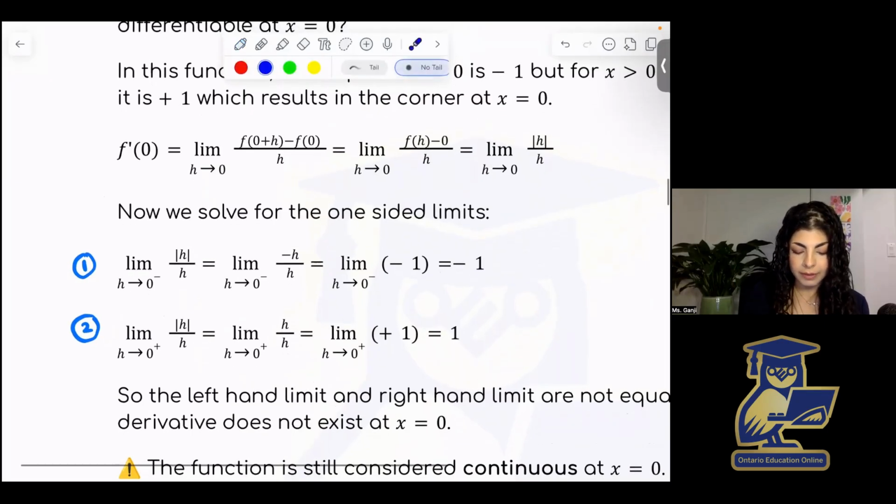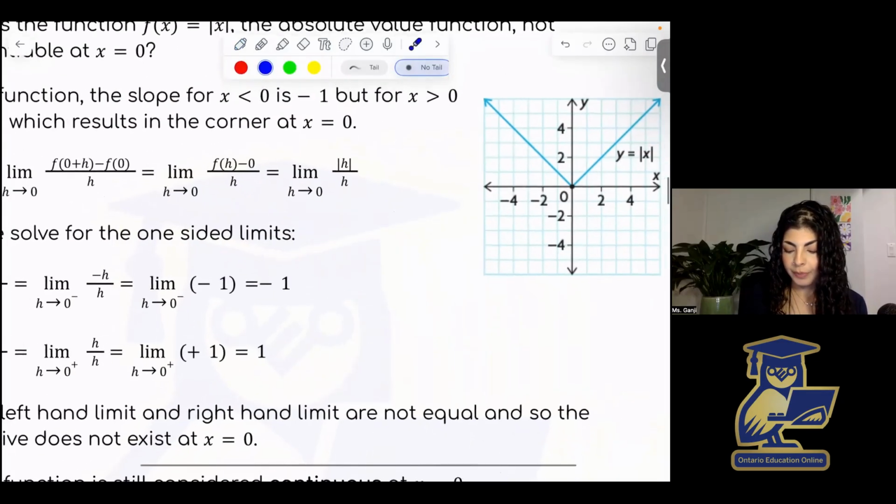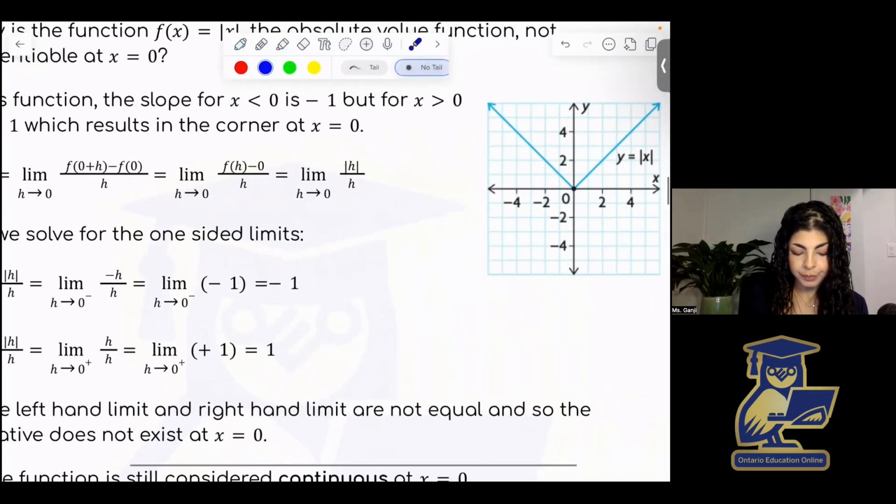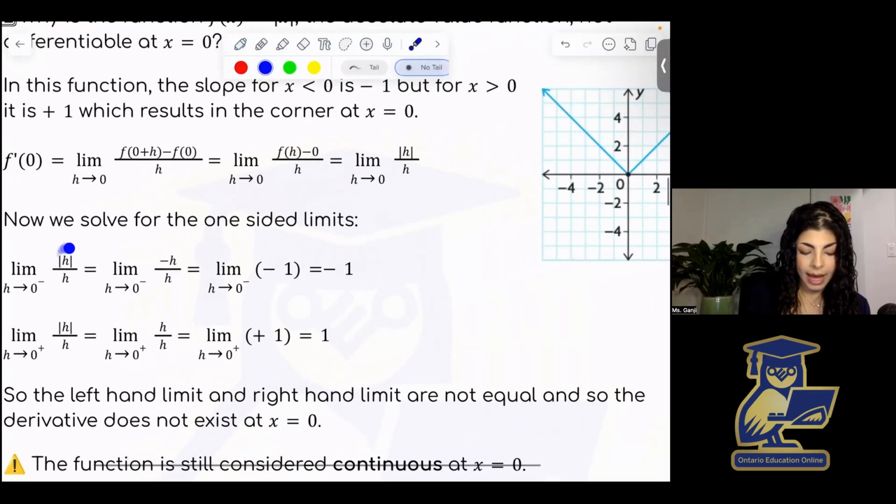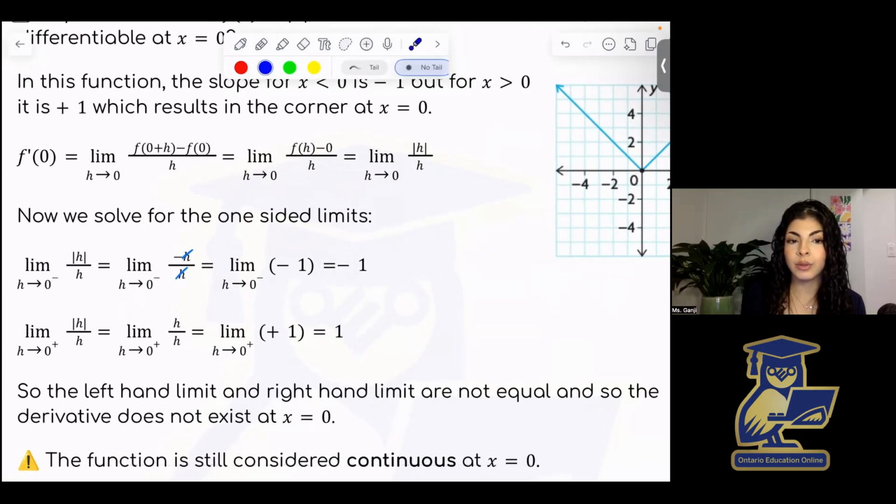So from the left-hand side, if we're approaching 0, we see that the absolute value function is -h because it has that negative slope. So now by substitution, these would just cancel out to -1. So the slope of the tangent at all of these values would be -1.